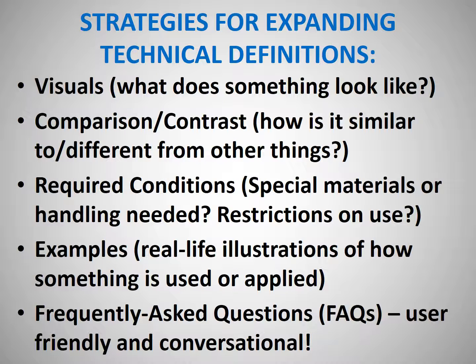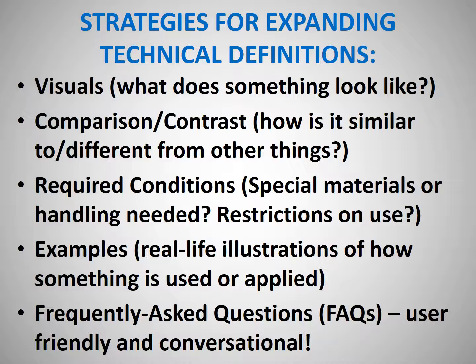More expansion strategies. Taking the visual approach. What does something look like? Actually describing what it looks like. Comparison contrast. How is it either similar to or different from other things?